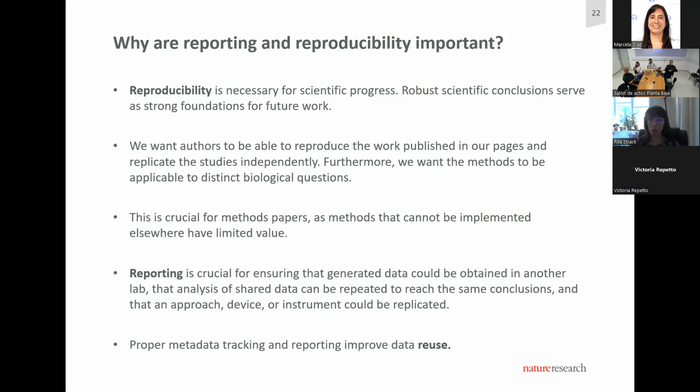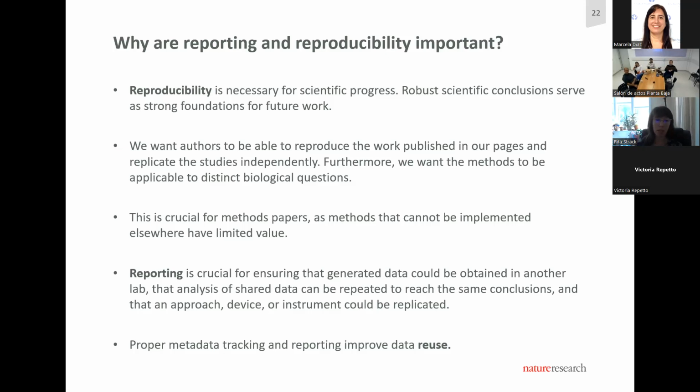And from a much more narrow viewpoint of an editor, we want authors to be able to reproduce the work that's published in our pages and to replicate the studies independently. And even beyond replication studies, we want these methods to be applicable to distinct biological questions. And so that is a really high standard for reproducibility.